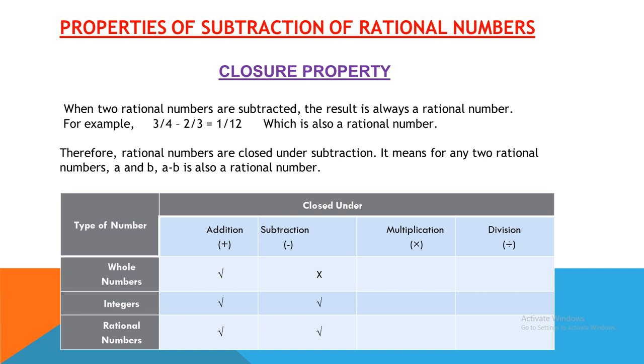But if you change the order, means if you subtract 4 from 3, 3 minus 4, it will be minus 1. Minus 1 is an integer, not a whole number. So closure property is not satisfied for whole numbers. If we subtract integers, we will get integers. Yes. If we subtract rational numbers, will we get a rational number? Yes.